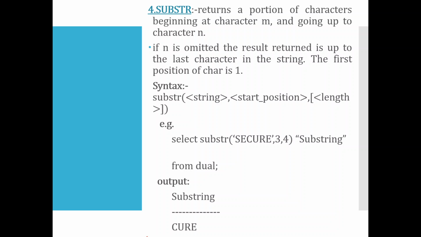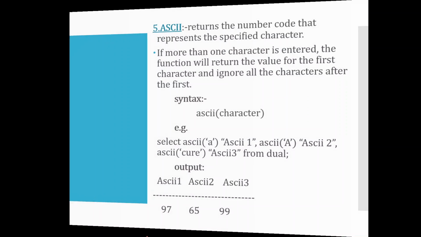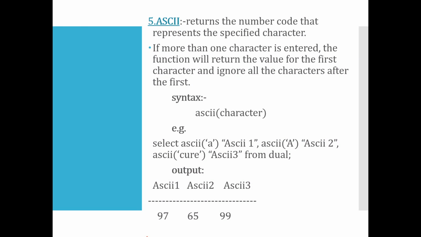We will go for substring in a moment. Just wait. We'll first look at those functions which are not that important. So ASCII, you already learnt what ASCII is in your C language. ASCII returns the number value of a particular character. So ASCII of small a is 97.